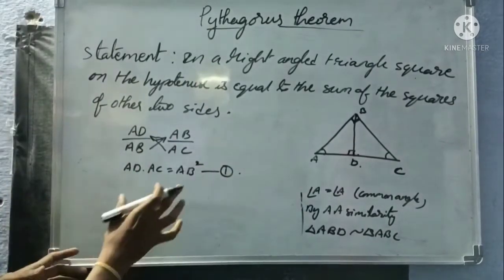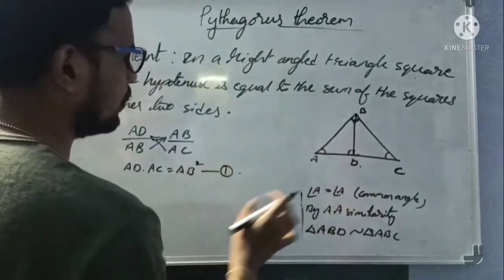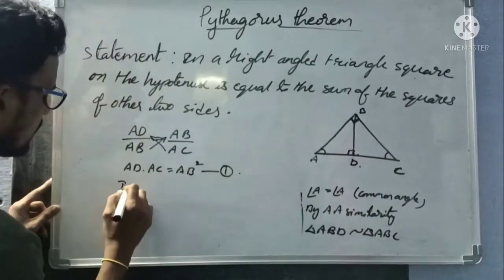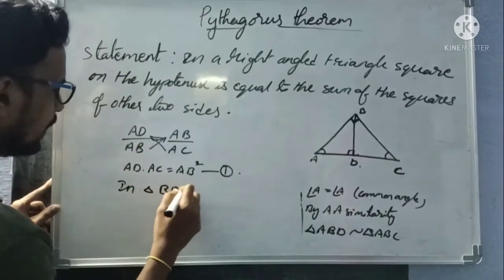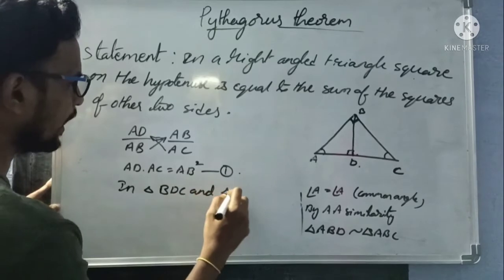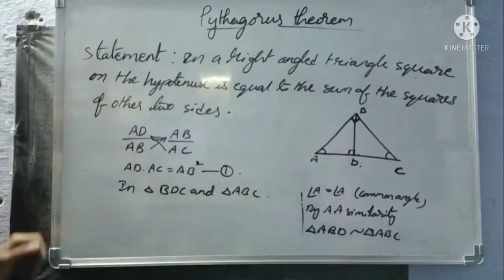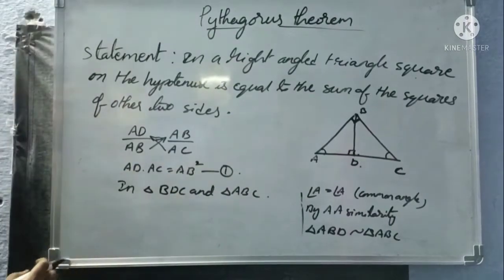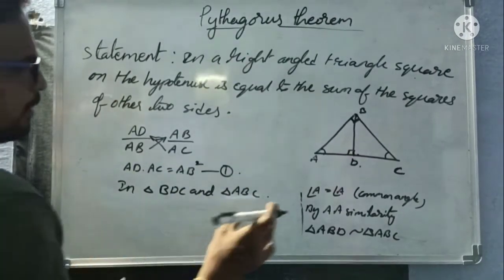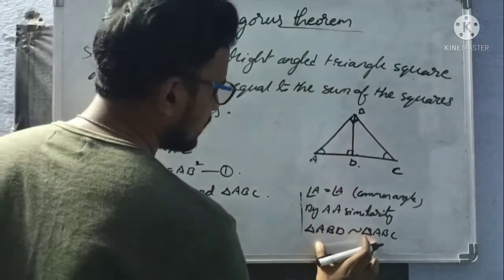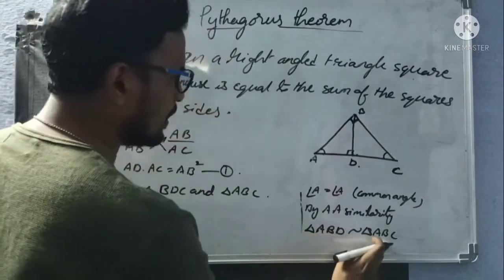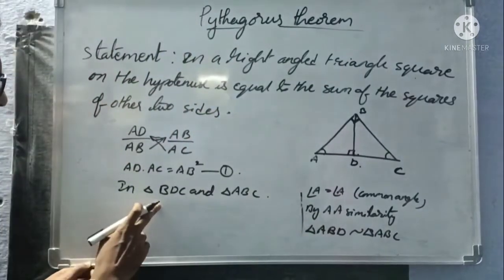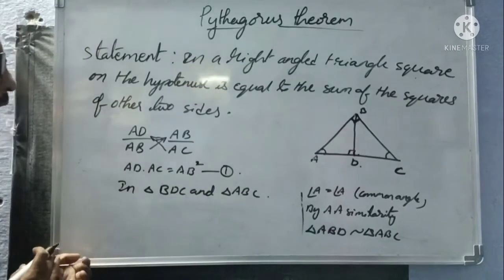In the same way, let us take the second two triangles, that is triangle BDC and triangle ABC. Now we have to prove that these two triangles are similar. Same like the previous case where we proved triangle ABD is similar to triangle ABC, now we have to prove that triangle BDC is similar to triangle ABC.